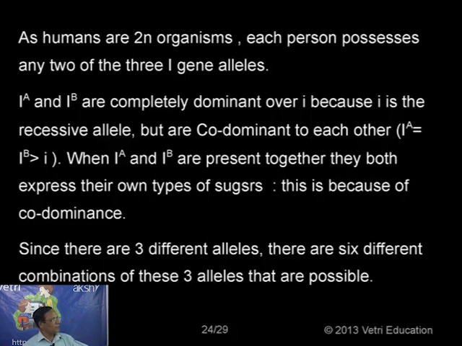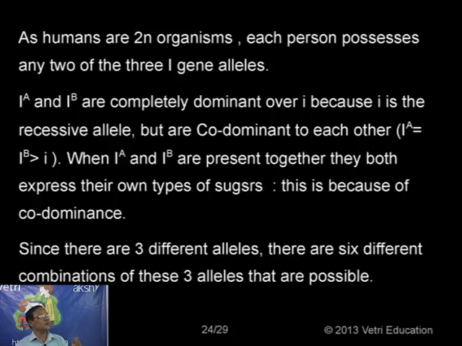When A and B are present together and both express their own sugar polymers, that individual has AB antigens in their blood and is considered AB blood group. This is because of codominance. Both are present together and expressing individually.